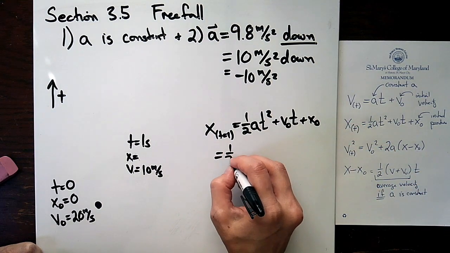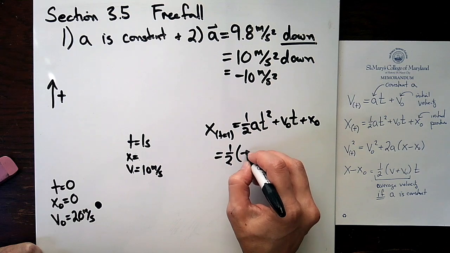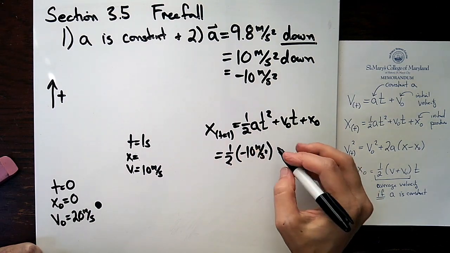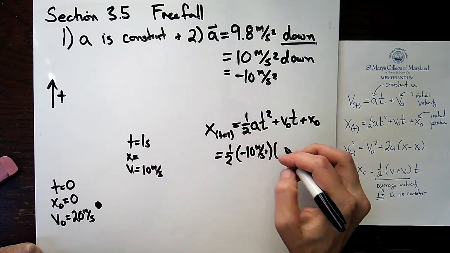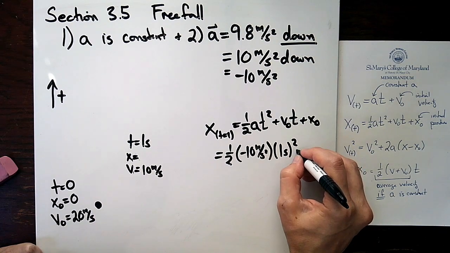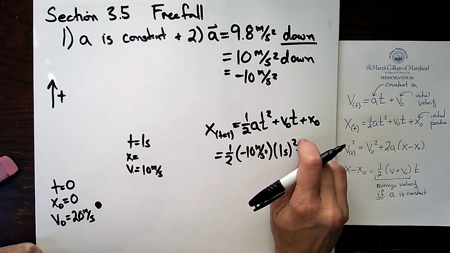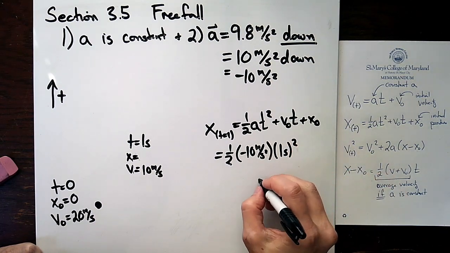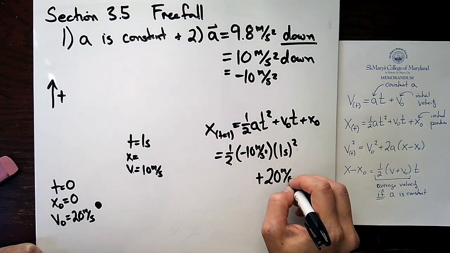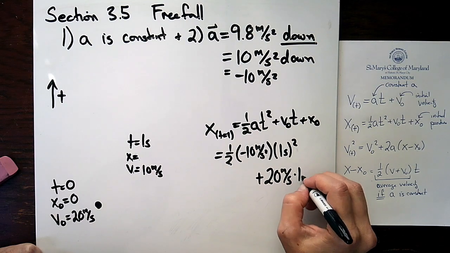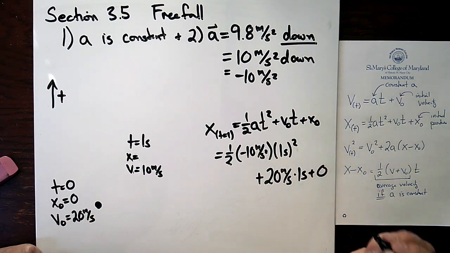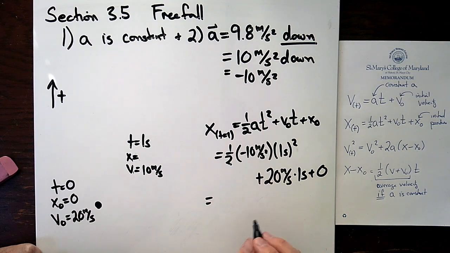So that's 1/2 times our acceleration, which is negative 10 meters per second squared, multiplied by time squared. Our time is 1 second, so 1 second, quantity squared, plus our initial velocity, which is 20 meters per second, multiplied by our time, 1 second, plus our initial position, and that's 0.